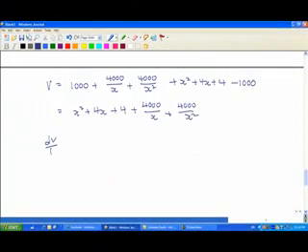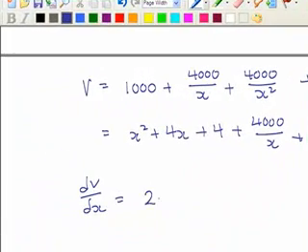So what we do is we will have to find dV/dx.